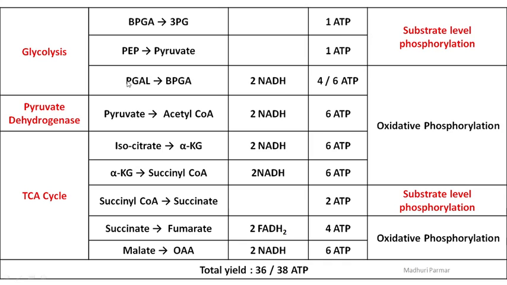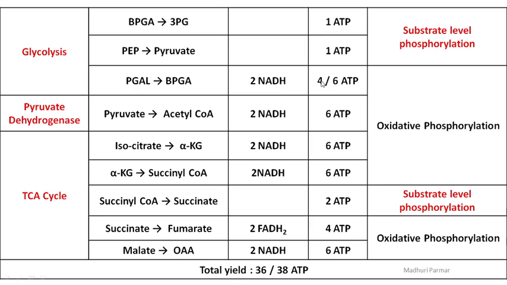Now, phosphoglyceraldehyde, PGAL, to bisphosphoglycerate. This reaction is generating 2 molecules of NADH, 1 molecule per reaction. So in total, there are 2 NADH synthesized in the cytoplasm. Depending on the shuttle, if they use the glycerol phosphate shuttle, then you will generate 4 ATP in total.